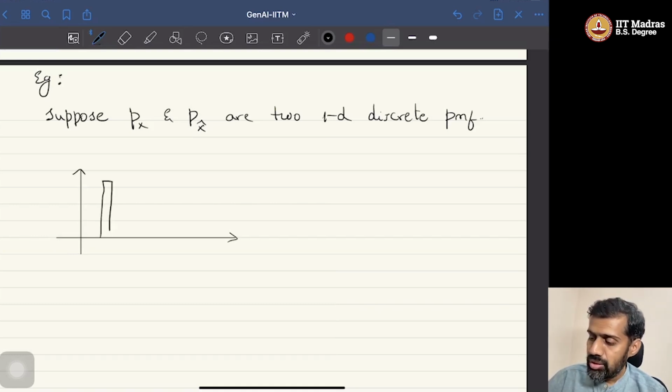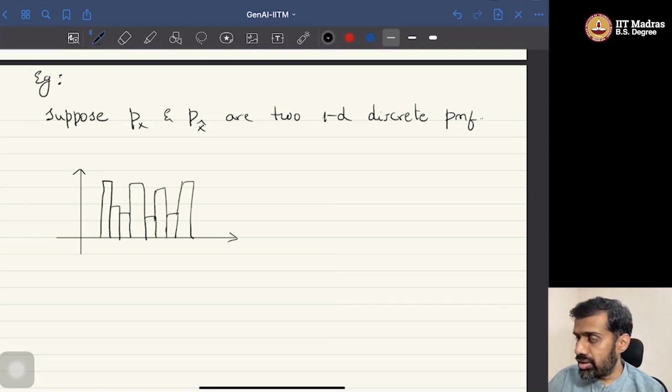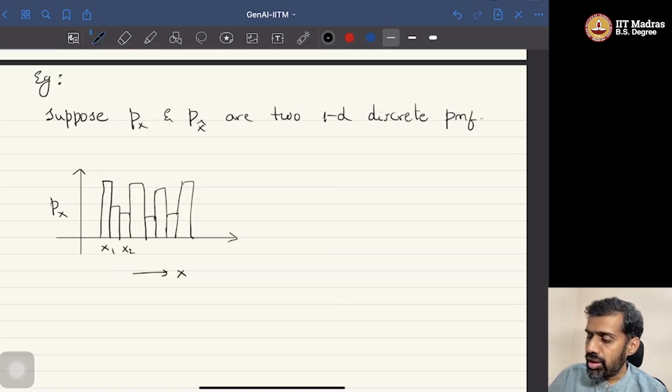This we will call P_X, and we have x along this direction, and we have different discrete values x1, x2, and you have xk here.